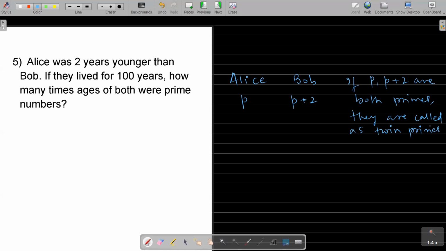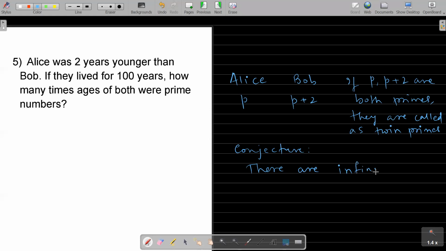And let me tell you an unsolved result related to twin primes. In fact, one knows there are how many primes? There are infinitely many primes, and there is a conjecture which is yet unsolved. What is a conjecture? A result which is still not proved, neither disproved. Conjecture: there are infinitely many twin primes.